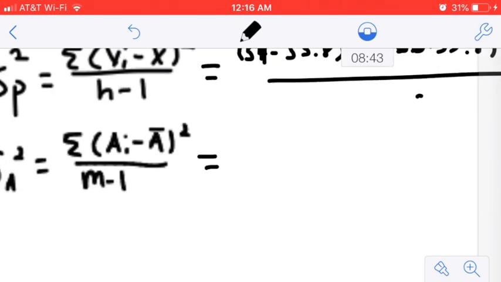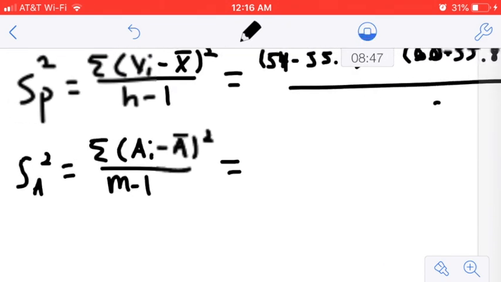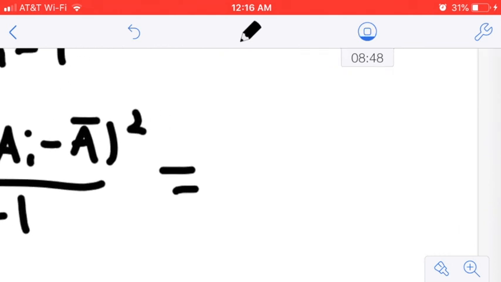So let's go back to our standard deviation squared for our African cheetah.